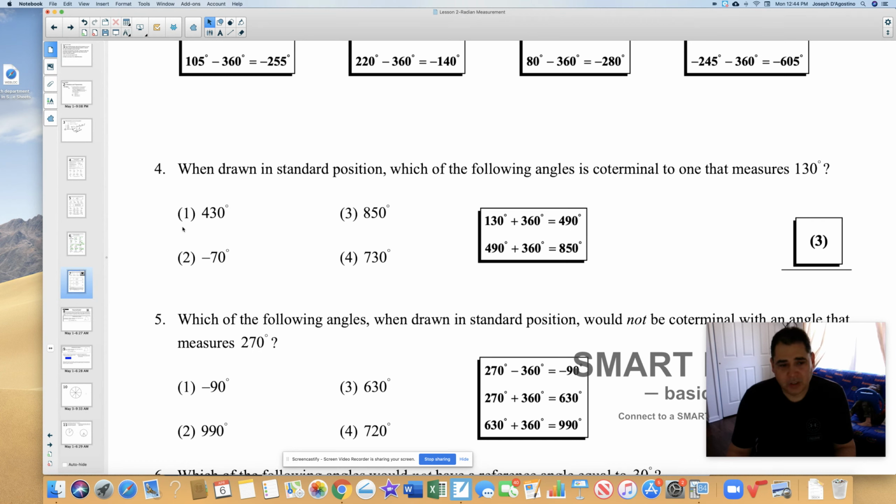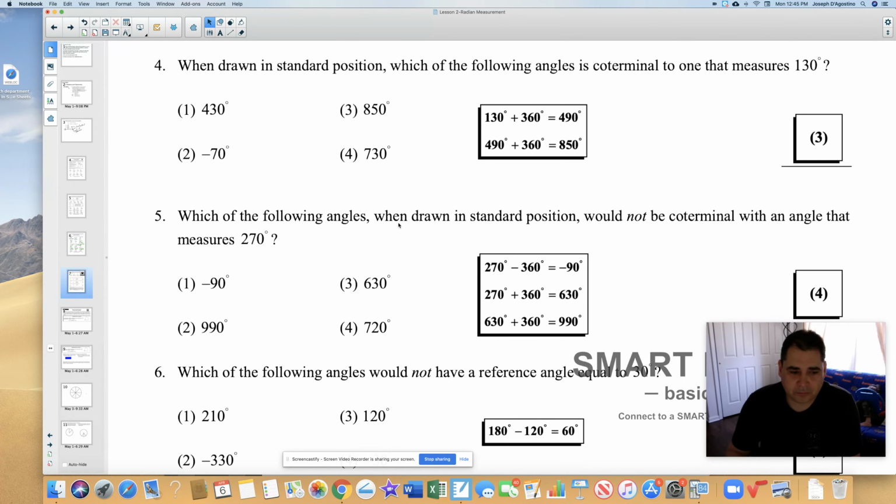But if I subtract 360, I do not get negative 70, so it can't be negative. So that means you can add 360 again. You can keep on adding 360 to generate as many coterminal angles as you want. So if I add 360 one more time, I get 850, which is one of the choices.